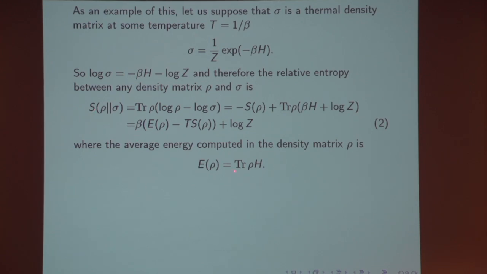And the formula involves the expectation value of h in the state, or trace of rho h, which I've called the expectation value of the energy, E of rho. And you'll find that the relative entropy of any density matrix with thermal density matrix is the free energy, as it's usually called, of the density matrix rho, plus a constant log z.